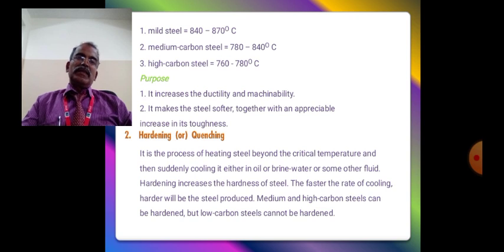The faster the rate of cooling, the harder the steel produced. If we dip the heated steel into brine solution or some other liquid immediately, then the hardness will be more. Medium and high carbon steels can be hardened, but low carbon steels cannot be hardened.